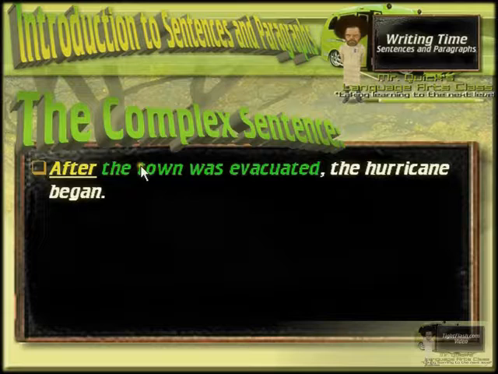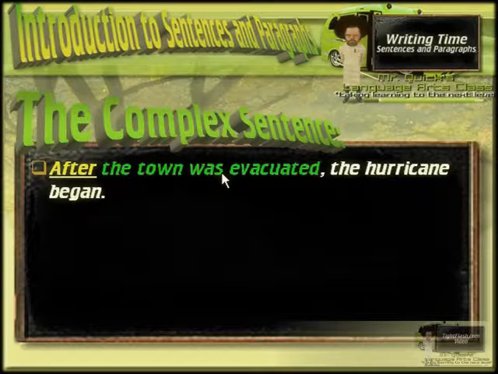Now, what we did to this first independent clause is we added a subordinating conjunction. And the reason we added this subordinating conjunction was to add meaning. We wanted to let the reader know that the town was evacuated after the hurricane began.